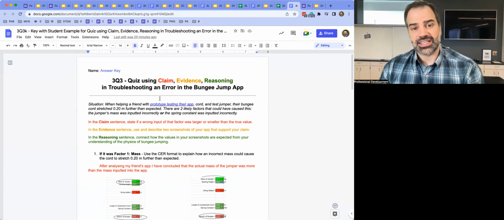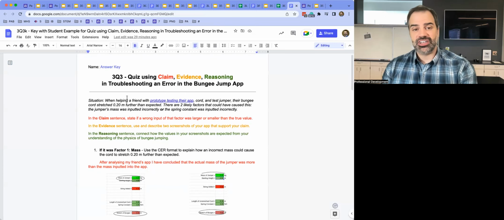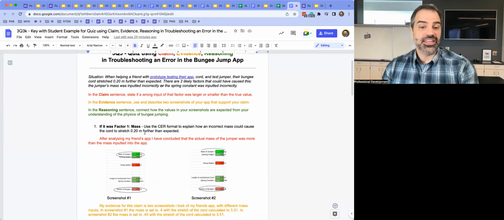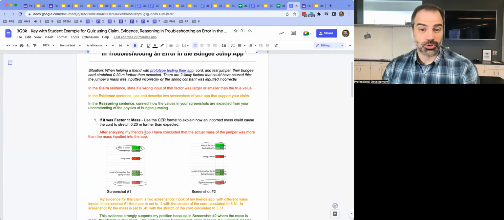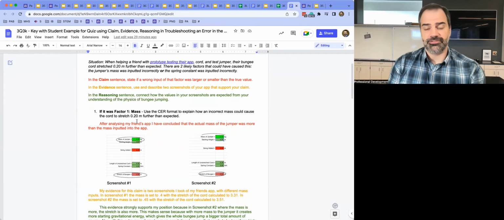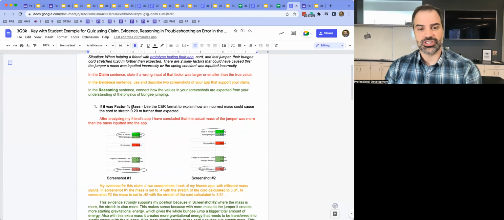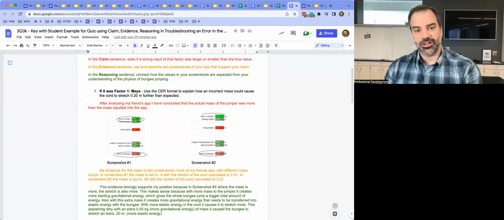Then also one of these last quizzes, and this is assessment for learning. So claim evidence reasoning around troubleshooting an error in the bungee jump. And these are selected because these are the two most common ones. And we do want to assess and give feedback to students on their ability to troubleshoot, such an important skill. So they either mismeasure the mass, and then they can tell from the cord stretching further.